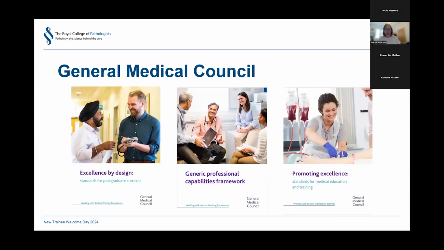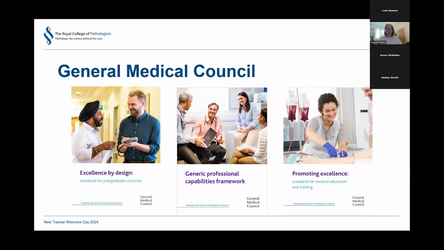So these are the standards that the college has to meet. The first two, Excellence by Design and the Generic Professional Capabilities Framework. So Excellence by Design is, I think, the second version of the GMC standards, and all of our curricula at the Royal College of Pathologists were updated and approved in 2021 in line with those standards.